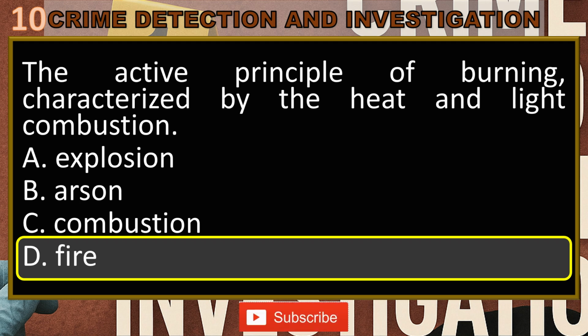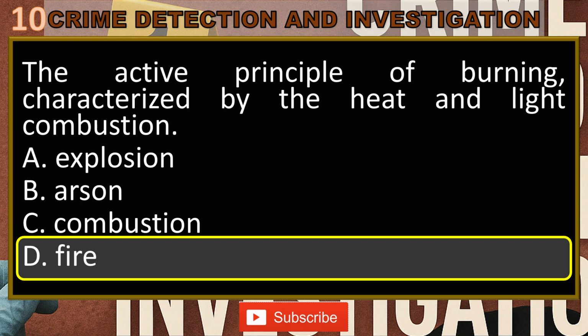Explanation of other choices. A. Explosion. A sudden, rapid release of energy with high pressure and shock waves. While explosions may involve combustion, they are not defined by heat and light in sustained burning like fire. B. Arson. The criminal act of deliberately setting fire to property.